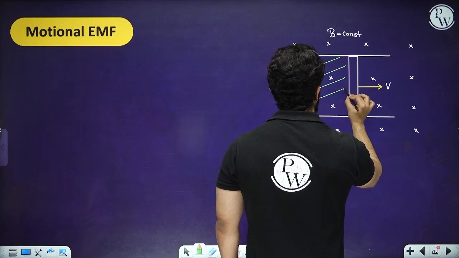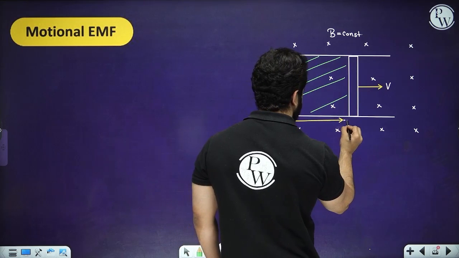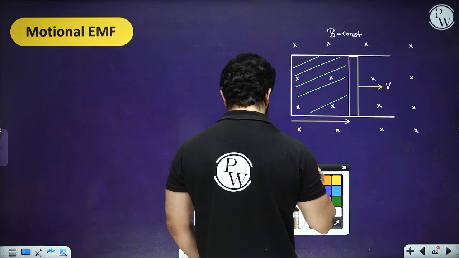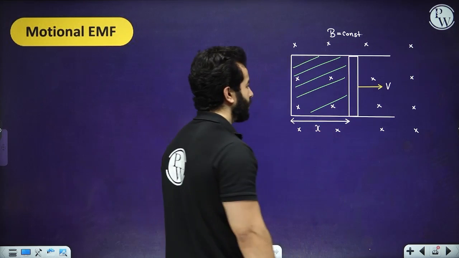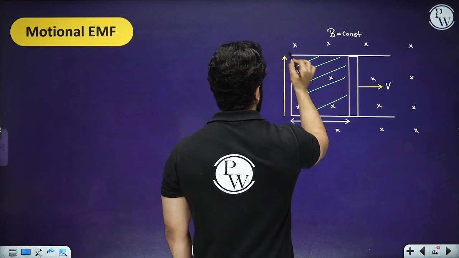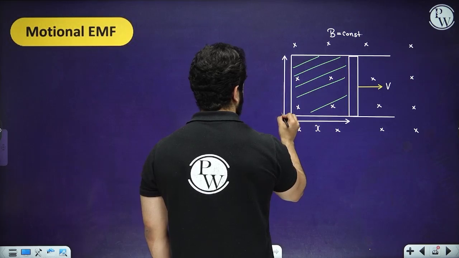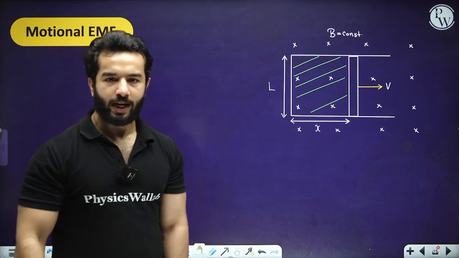Let's suppose this length from here till here is x, and the length of the rod is L. So right now the area is L into x.